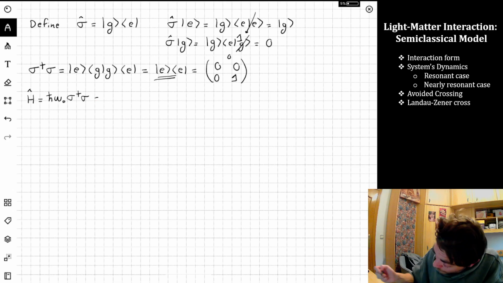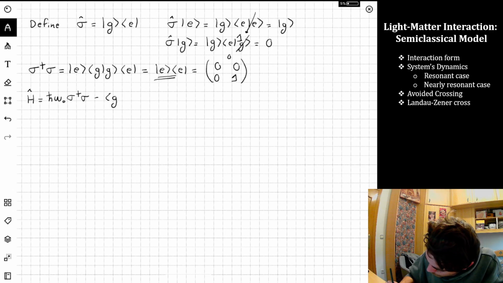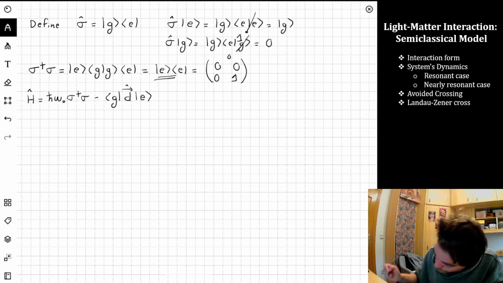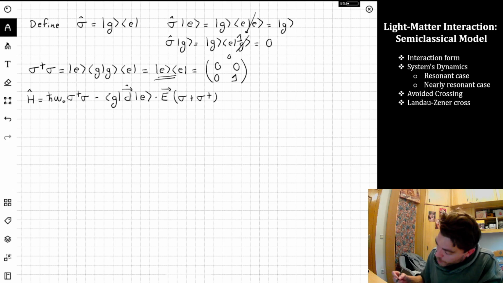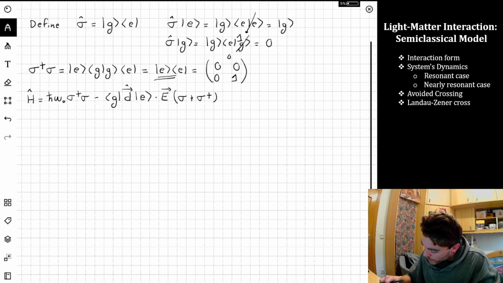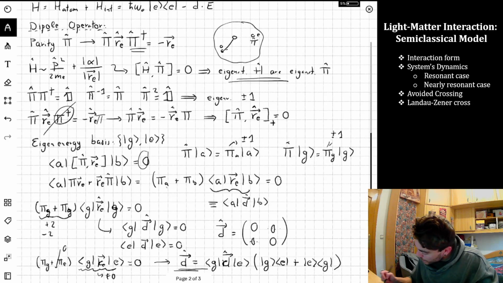And now we have the dipole moment times the electric field, but the dipole moment we just saw is G D E. Now this dot product with the electric field, and then we have sigma plus sigma plus. Why? Because GE is sigma and sigma plus is EG, which is exactly this.